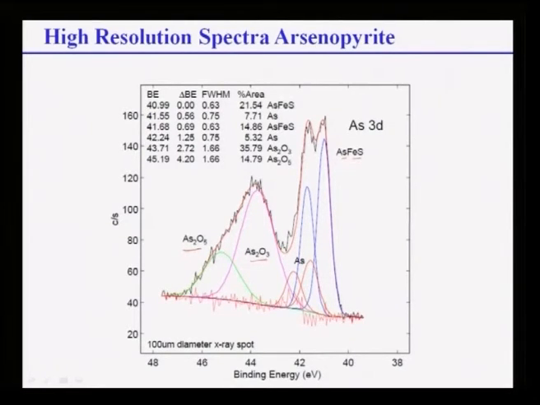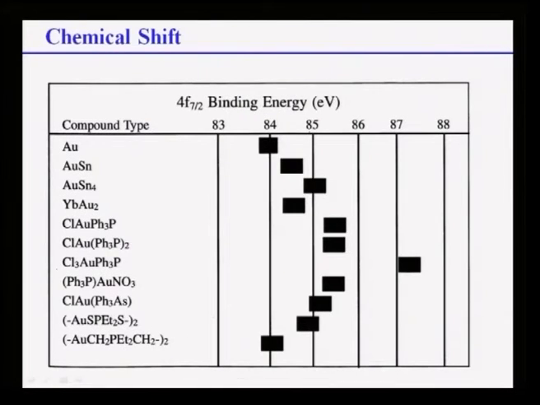Here you see the 2 peaks, one corresponding to arsenic, the other corresponding to iron, this is arsenic 3d actually. So, you have splitting, and this is distinctly different from these two. That means in this sample you have both arsenic iron sulfide as well as arsenic oxide As2O3, both are present.